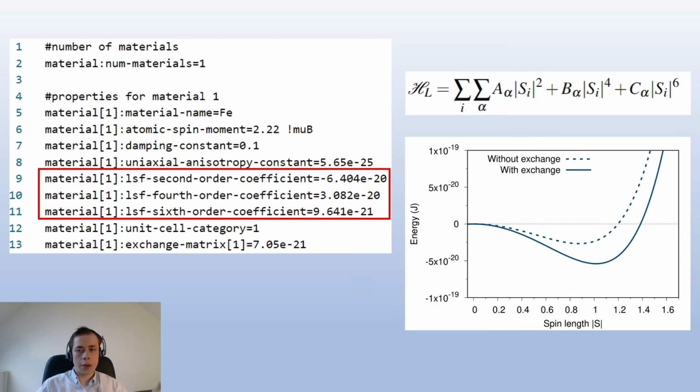Once you include the exchange contribution that you specify as the exchange matrix that you can see at the very last row of the material file, that is how your spin length curve will shift to the with exchange description of the spin length potential well.